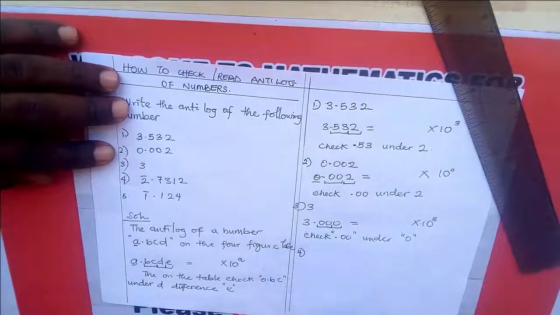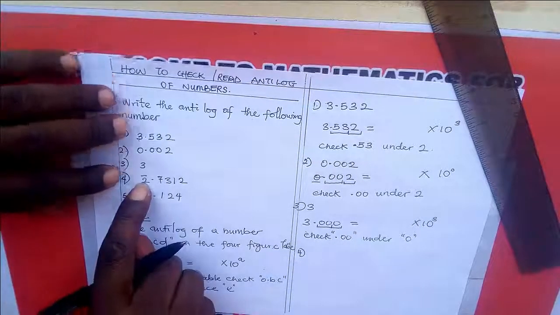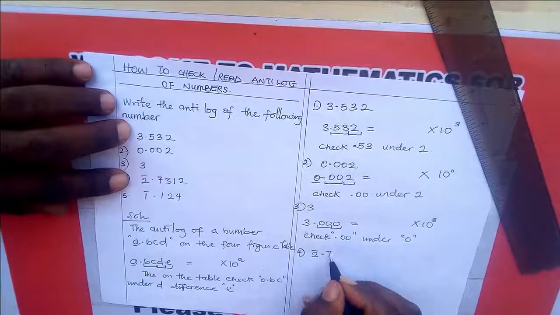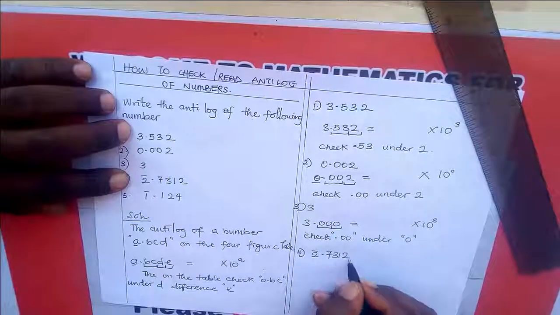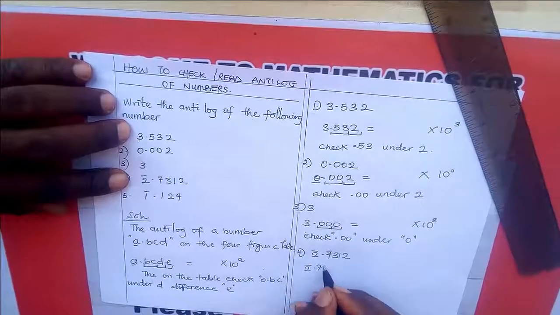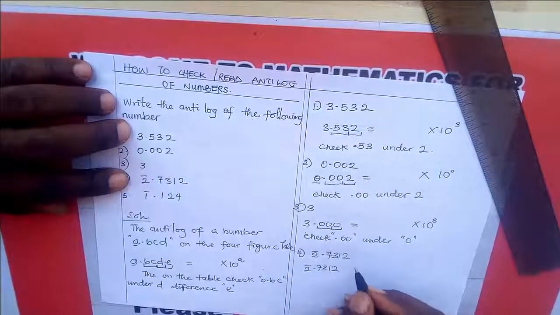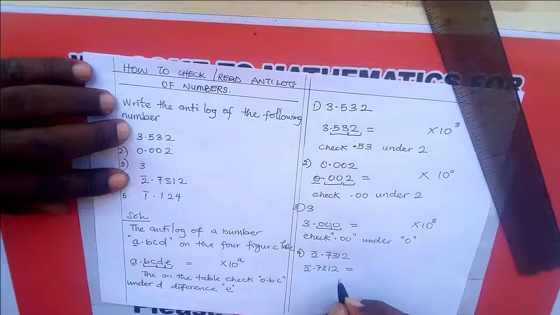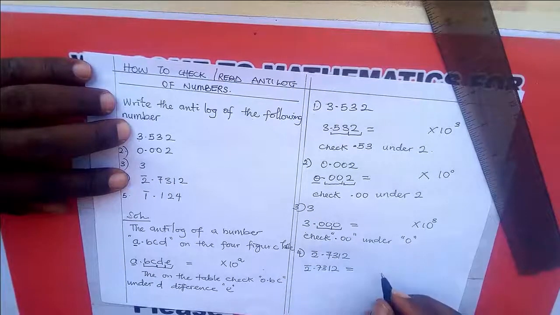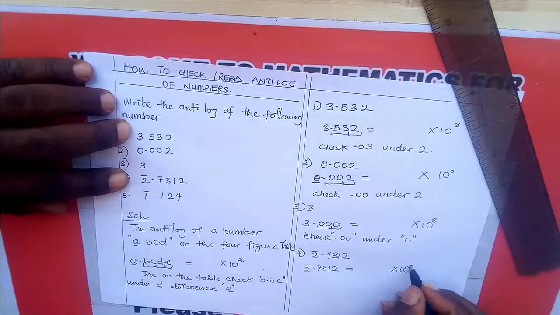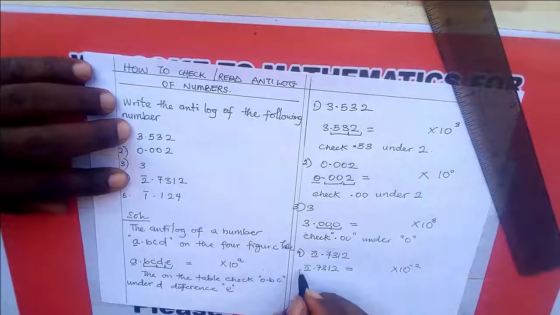Number 4, to read the antilog of bar 2.7312. How do we read it? Bar 2.7312. To read this, I will write the antilog to be equal to times 10 raised to the power of -2.